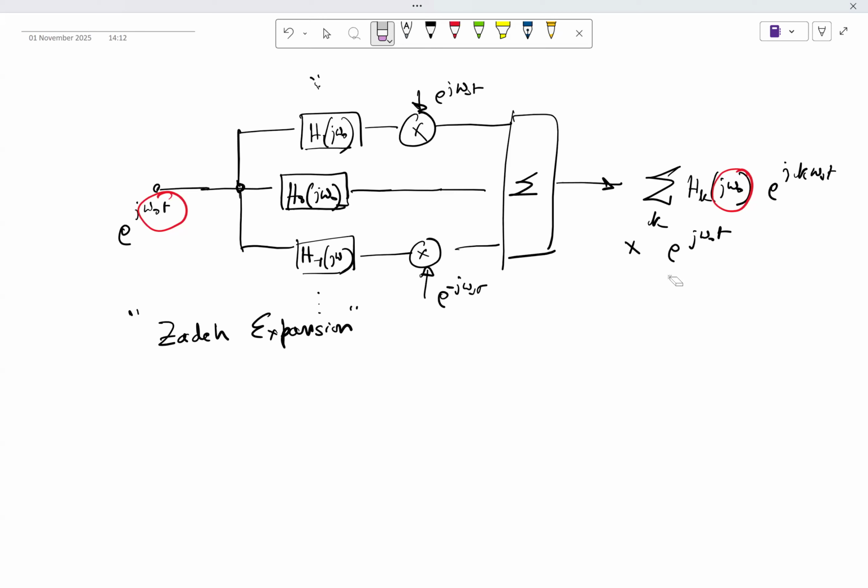So these are all multiples of omega naught or omega, whatever be the input frequency. So then the question arose is that experimentally, I mean, now this is a model, right? Model of a system. And the system that we had, in our case, was this.